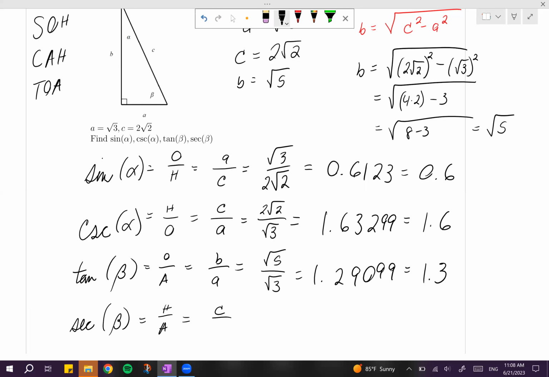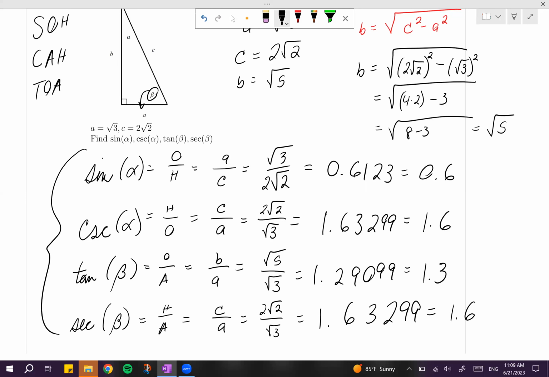The adjacent side to beta is side A. So C is 2 times the square root of 2 over square root of 3. And when you plug this in the calculator, you're going to get 1.63299, which we round to the tenths place is 1.6. And these would be our answers.